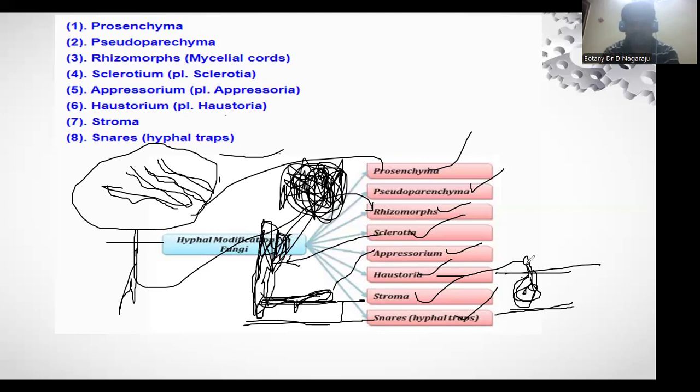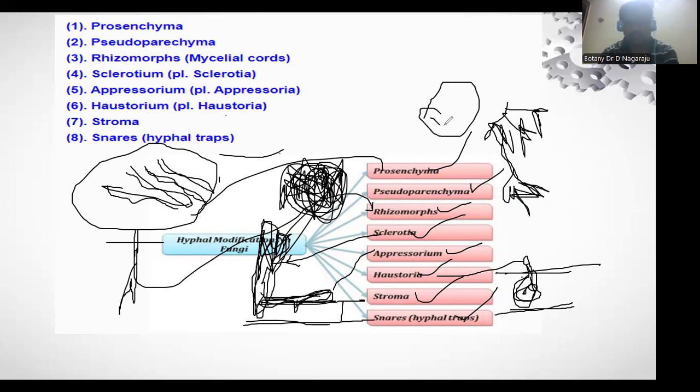Sac-like or vesicle-like haustoria, arbuscular, that means finger-like projection haustoria, and branched haustoria, more finger-like projections, and intracellular: these are the host tissue cells, if the haustoria enter into the host cells, that is intracellular.